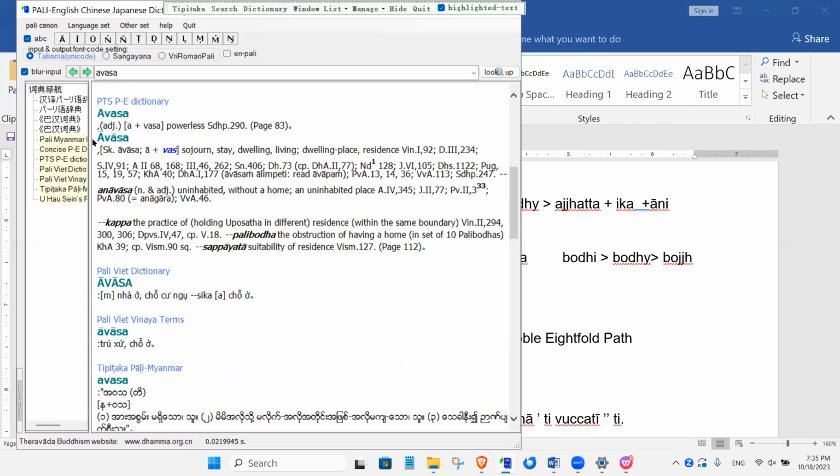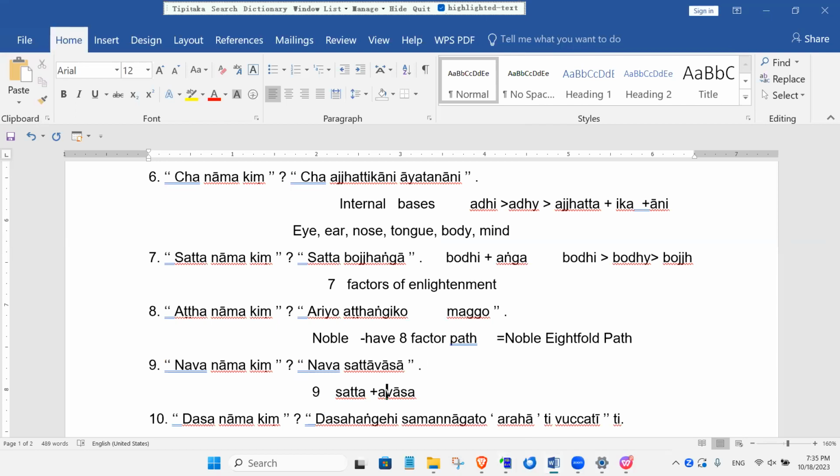Abodes of beings. It can be long a also, but long a is better, all right? So, 9 types of dwelling for beings.